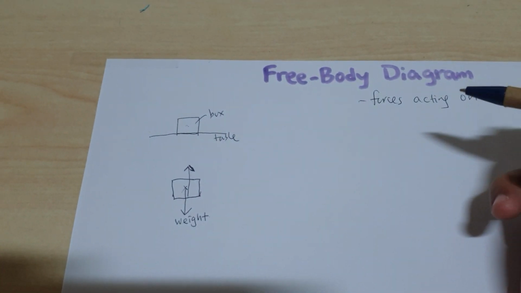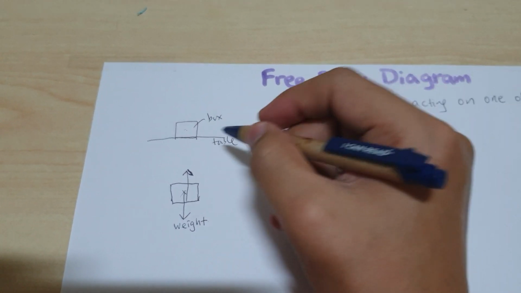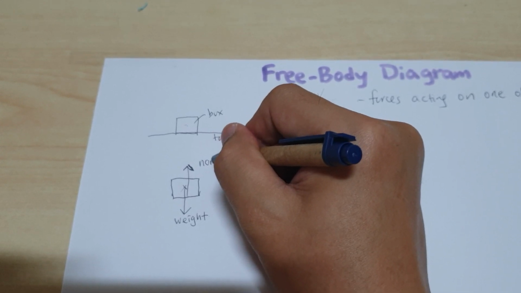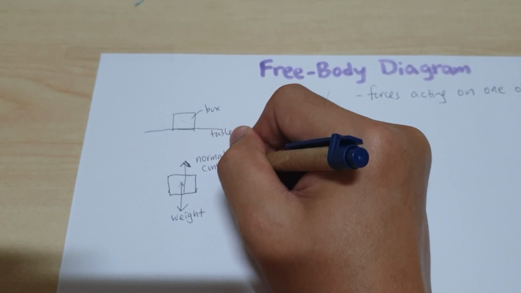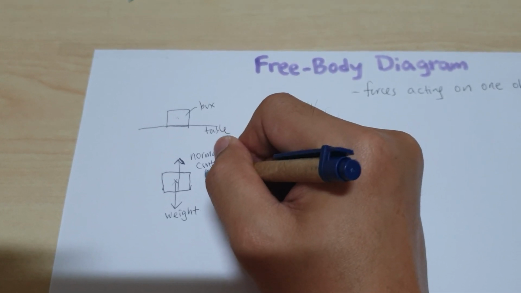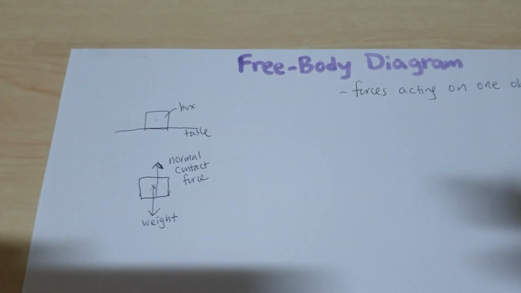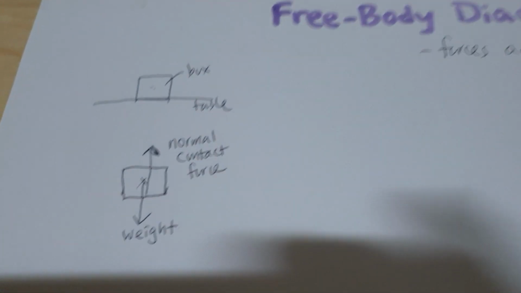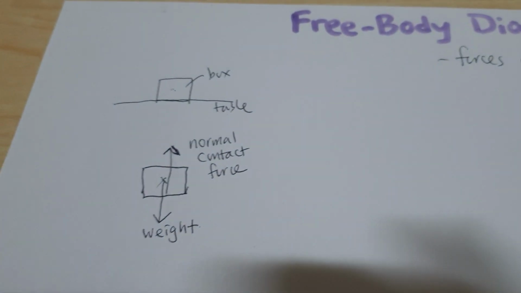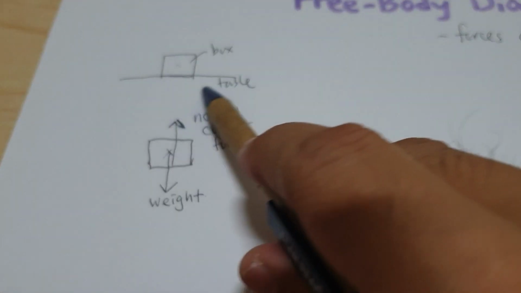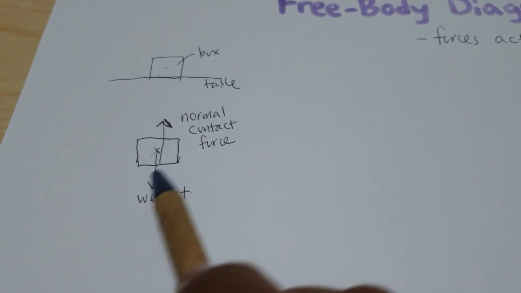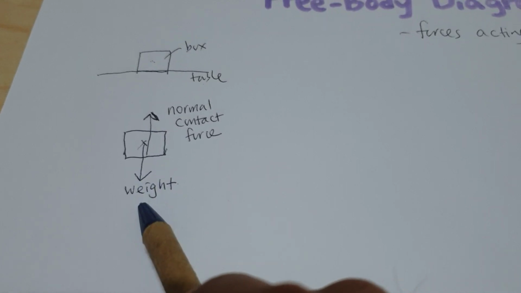And this force is what we call the normal contact force by the table on the box. Now let's take a closer look at what is a free body diagram. So this is a free body diagram that shows all the forces acting on the box.